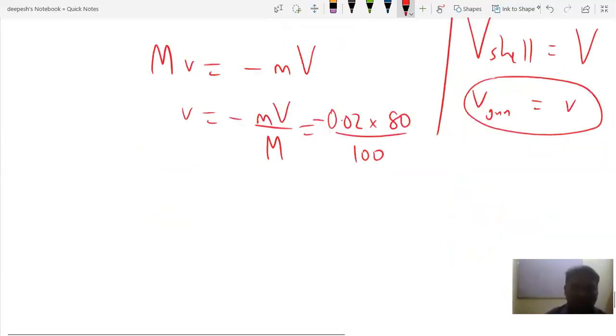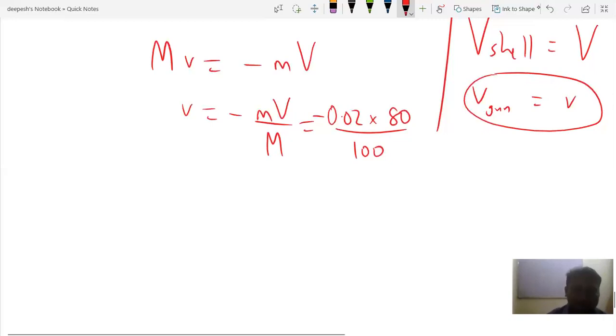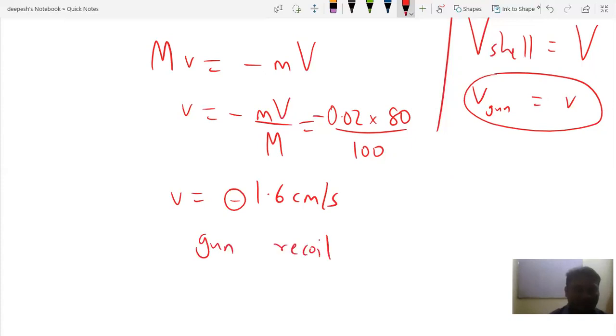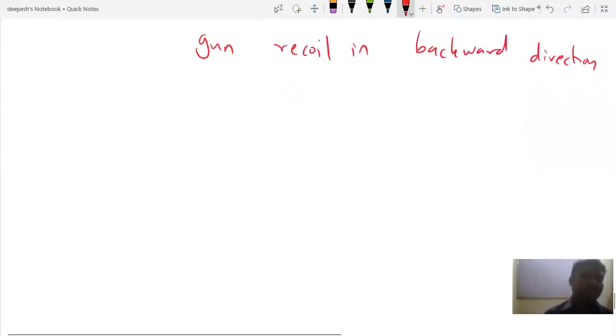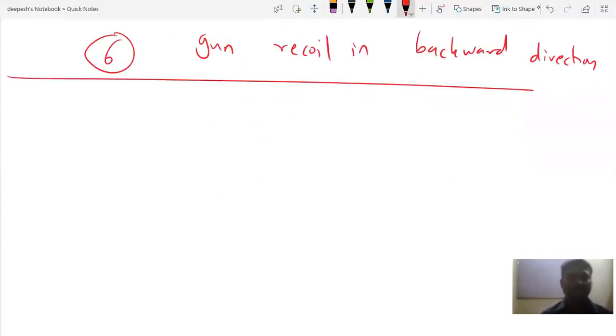So let us do the calculation. The velocity comes out to be minus 1.6 centimeter per second. The negative sign here shows that the gun kicks backward. So the gun has a recoil in the backward direction. So this is how we solve illustrative example 6.